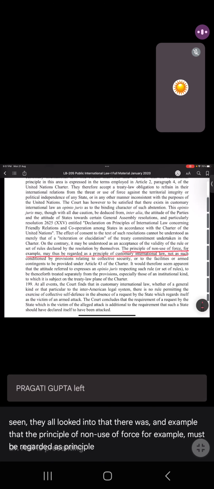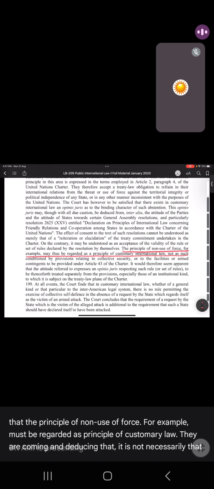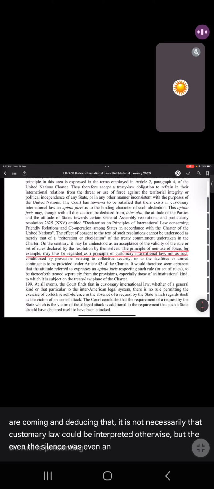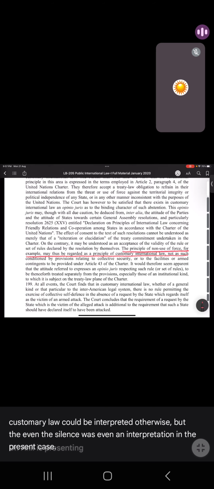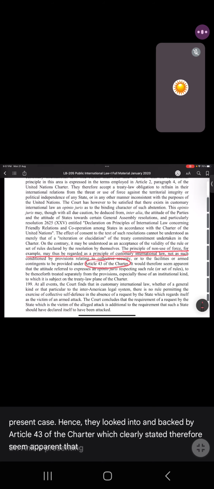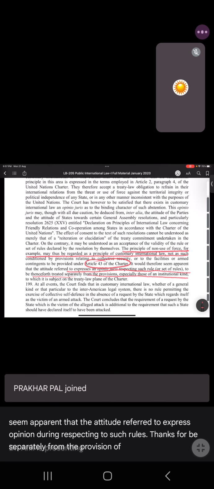They are deducing that it is not necessarily that customary law could be interpreted otherwise, but even silence was given an interpretation in the present case. Hence, they looked into it, backed by Article 2(4) of the Charter, which clearly stated, therefore, it seems apparent that the attitude referred to expresses opinio juris respecting such rules, to be considered separately from the provisions, especially those of an institutional kind.